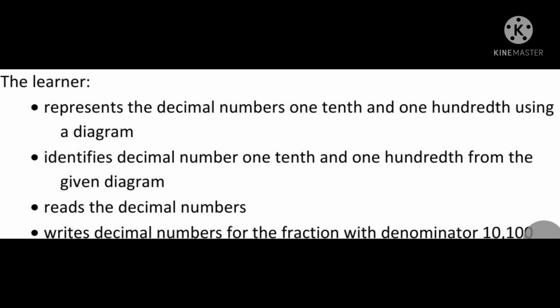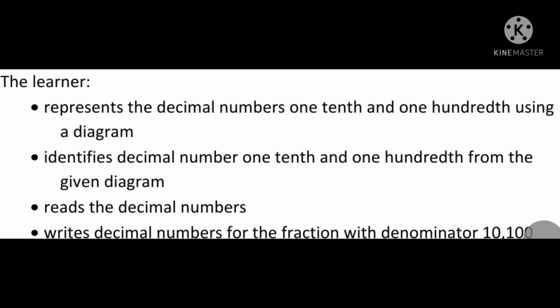So after executing this lesson plan in the classroom, the student will be able to represent the decimal numbers 1/10 and 1/100th using any diagram. Number 2, the student identifies decimal numbers 1/10 and 1/100th from the given diagram. Any diagram that represents 1/10 or 1/100th, the student will be able to identify that.